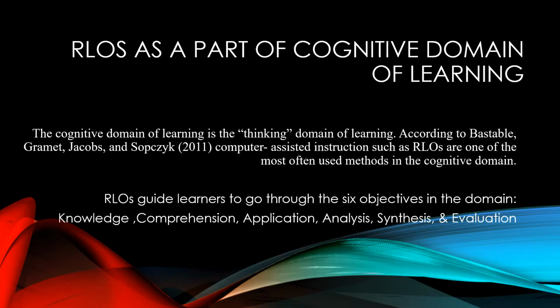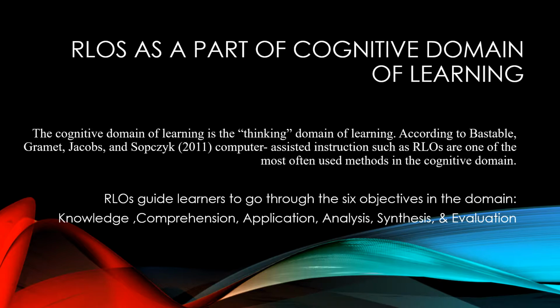RLOs are a part of the cognitive domain. This is the thinking domain of learning, according to Bastable, Grammatico, Jacobs, and Spelsic. One of the most used methods in the cognitive domain is RLOs, or computer-based learning.